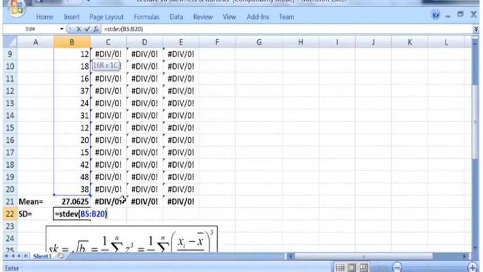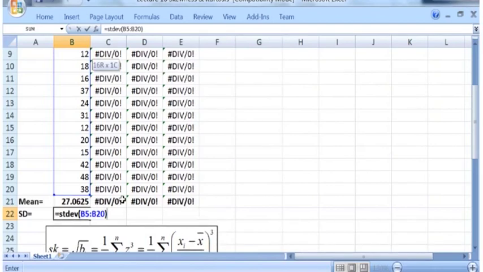But there is one very important point to note: this formula STDEV uses summation of x minus x bar whole square divided by n minus 1 instead of n. So it gives us the unbiased result. But currently we have been discussing that in order to calculate the standard deviation, we have used n.